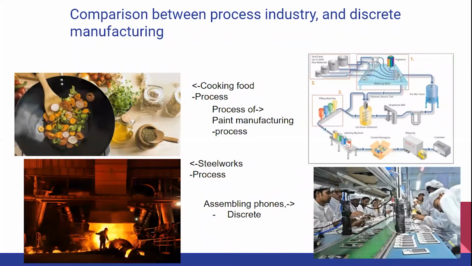So where is process used? Processes are used generally in industry. In the process industry, you take raw materials and make them into more useful things. It could be like in your kitchen when you're making food.